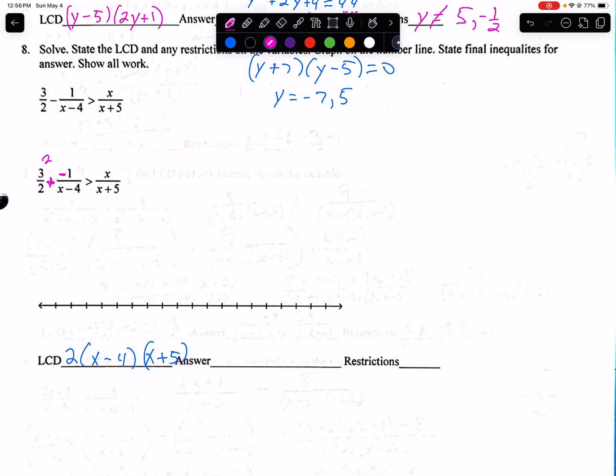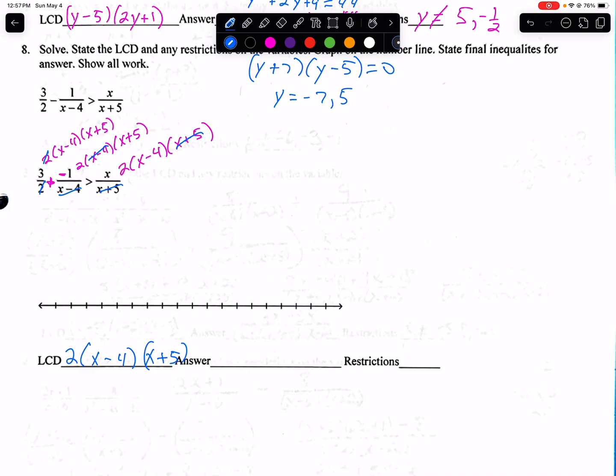So then 3 over 2 times 2 times x minus 4 times x plus 5 over 1, plus negative 1 over x minus 4 times 2 times x minus 4 times x plus 5 over 1, equals x over, then we're gonna cancel. x minus 4, x plus 5 over 1.